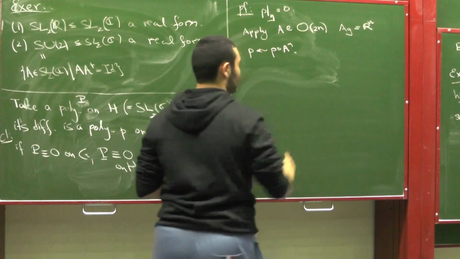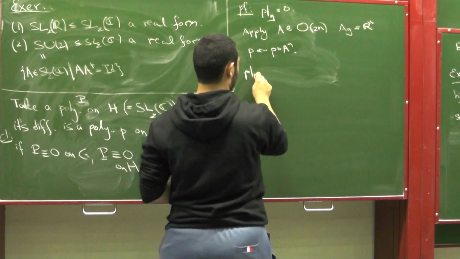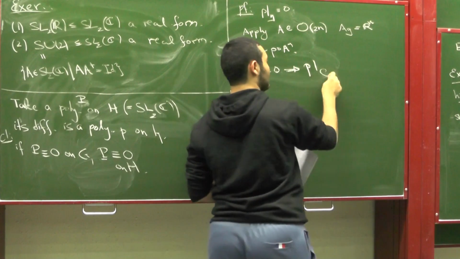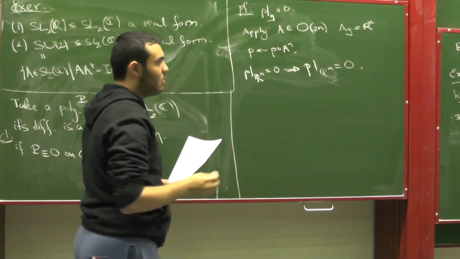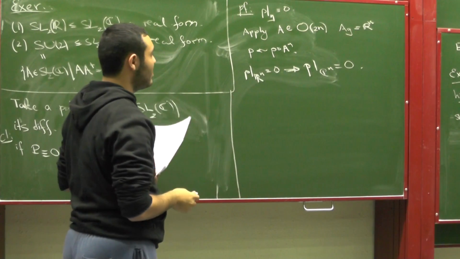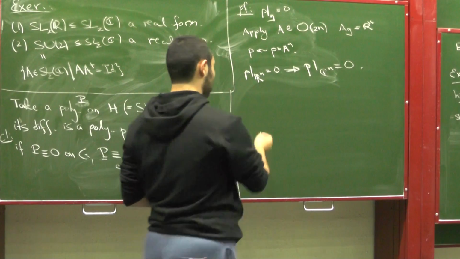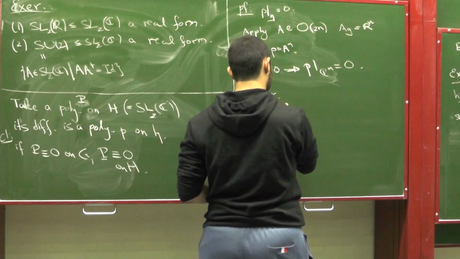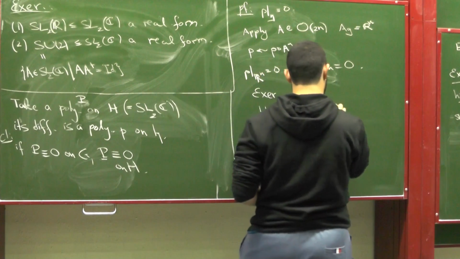I need to show now that if P on Rn is 0, then P on Cn is 0. So I only have 5 more minutes, so I won't do this. But this is an exercise as well. Hint: induction on n. This is one way to do this.